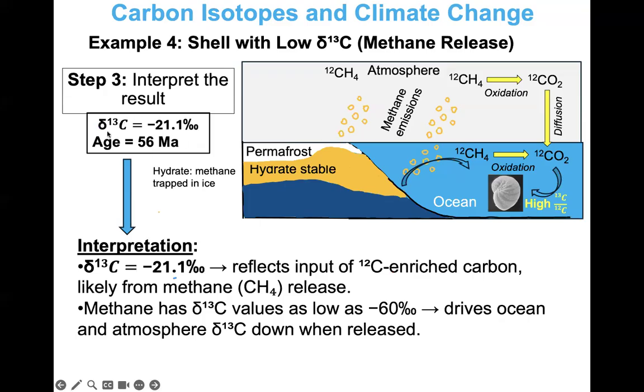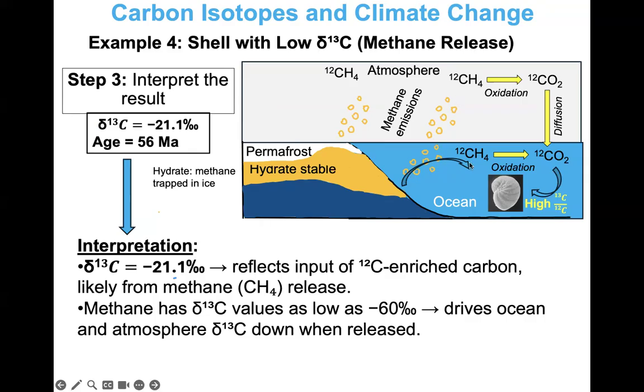If we try to make sense of this value, minus 21.1, a shell with a very low value of delta 13C, what does this mean? Okay, what you have here is methane released into the water and also into the air.